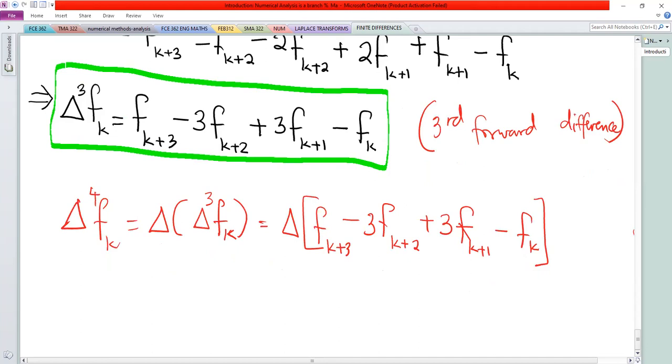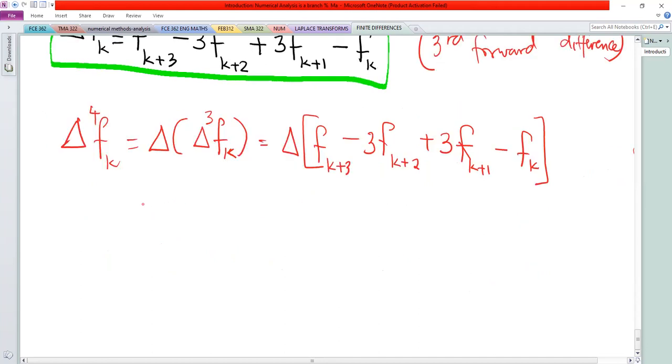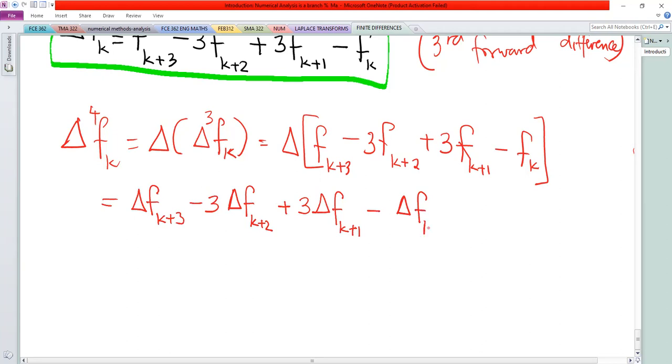Now, this will give us forward of fk plus 3, minus 3 forward of fk plus 2, plus 3 forward of fk plus 1, minus forward of fk.